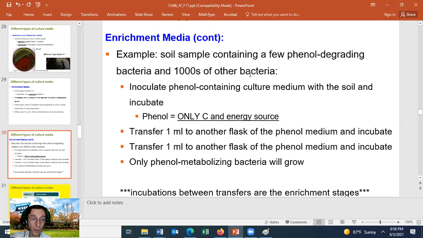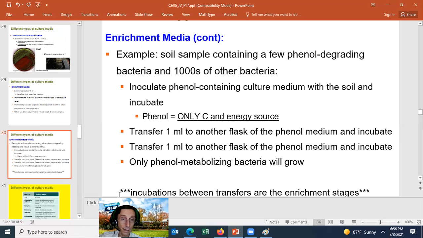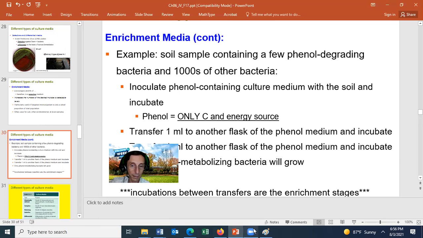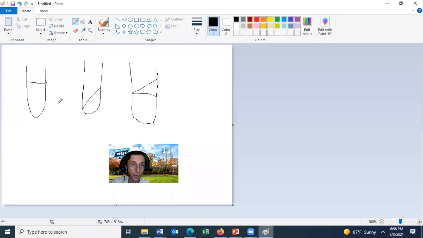So what you can do is grow it in an enrichment media. You can have the enrichment media and inoculate it with the soil bacteria, and it'll increase the number of microbes.